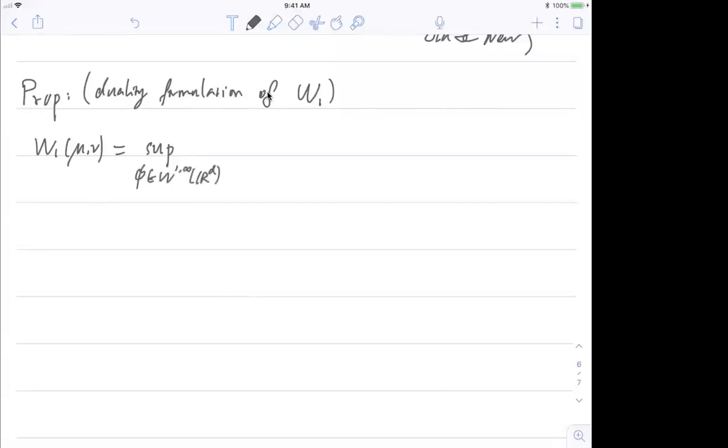So this means phi is Lipschitz, and we restrict the Lipschitz constant. I write it as the gradient of phi is less than 1.